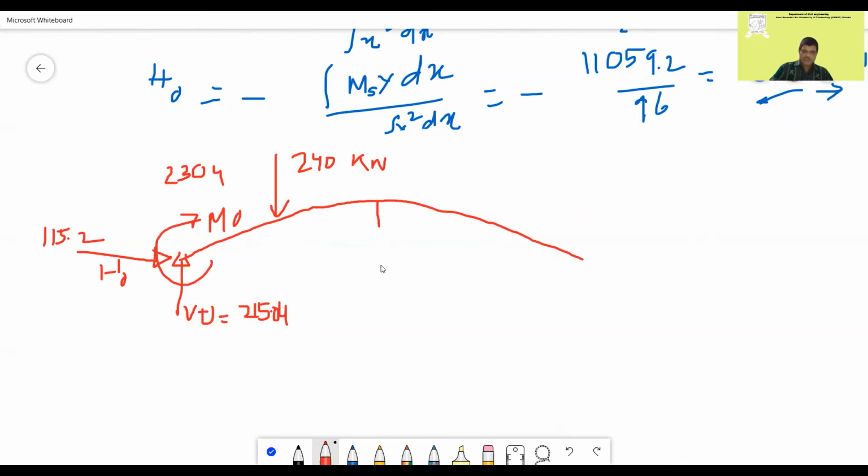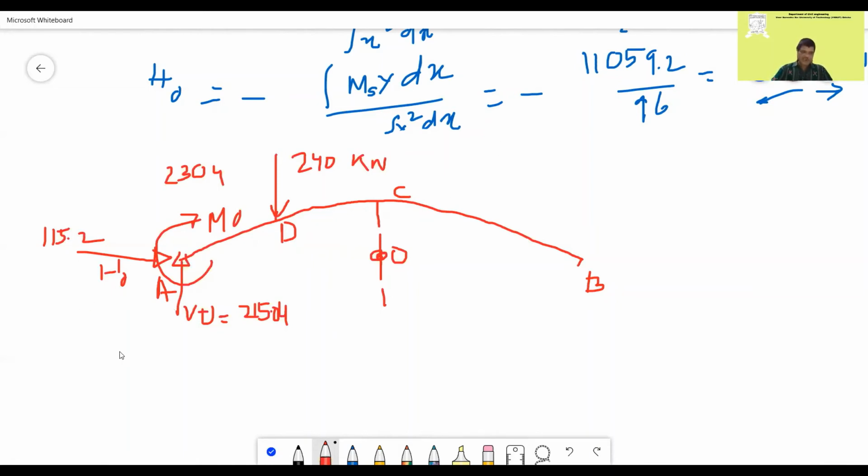Now, what is the origin? This is your origin, the elastic center O. Now you have to find the reactions at A, at B, and at D. This is A, this is B, this is C. Don't worry about the sign convention for that, but take the values you have already obtained.